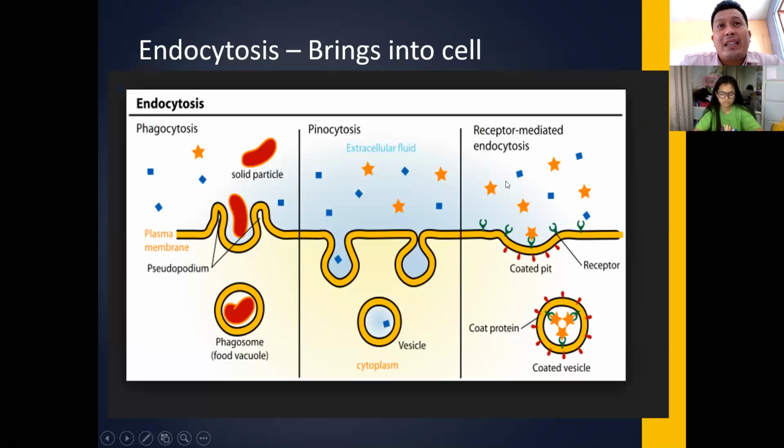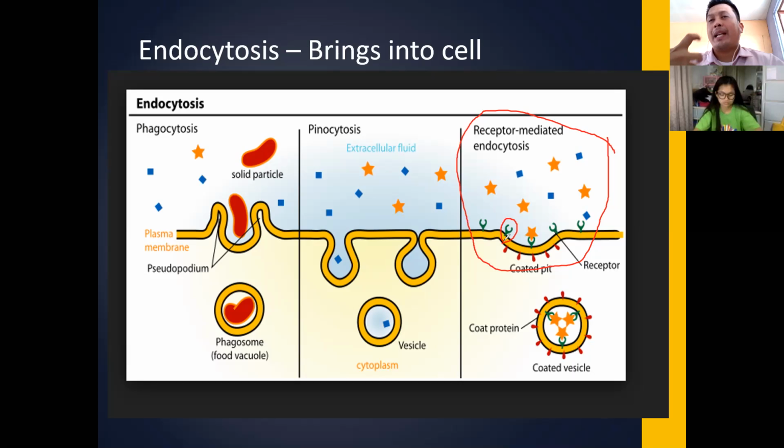Here we have the difference between phagocytosis and pinocytosis. But notice, class, we have another one, receptor-mediated endocytosis. Receptor-mediated endocytosis is acted on by a receptor, much like the immunity that you get upon receiving a vaccine.